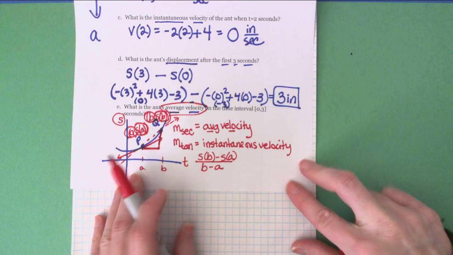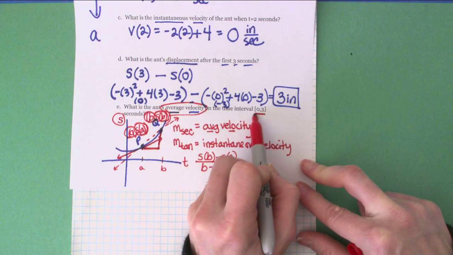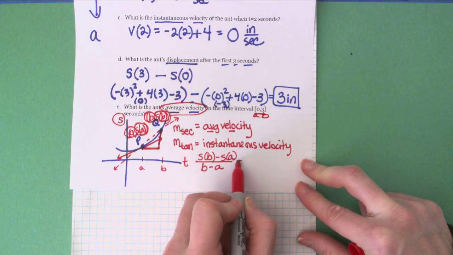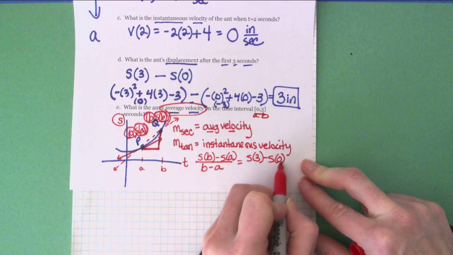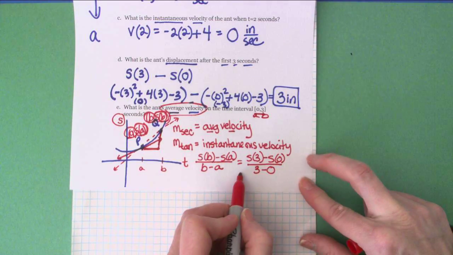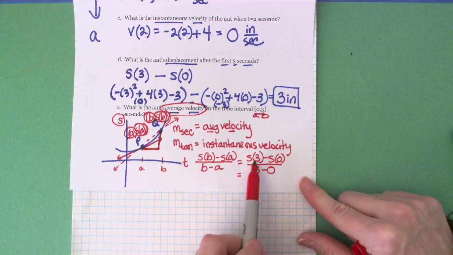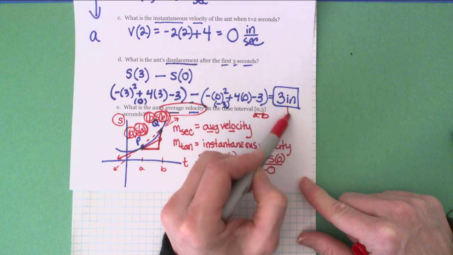So, since my time interval is from 0 to 3, my A is 0 and my B is 3. So this formula becomes position at 3 seconds minus position at 0 seconds all over 3 seconds minus 0 seconds. And if I use my S of 3 minus S of 0 from up top here in letter D, I already know that that's 3 inches.